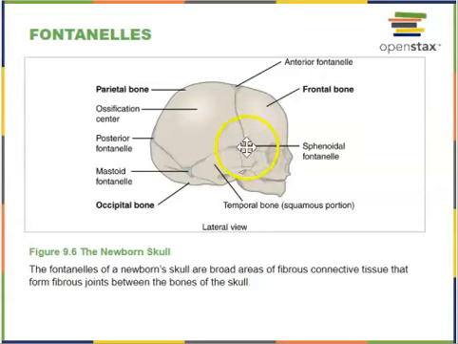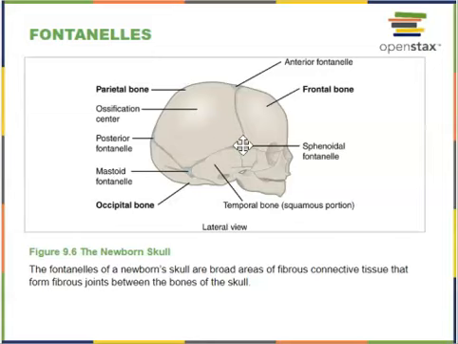So these fontanelles are in locations that will still need to be able to have some mobility during the birth process, but that after birth will need to harden and create an immovable joint that we see in the adult cranium.